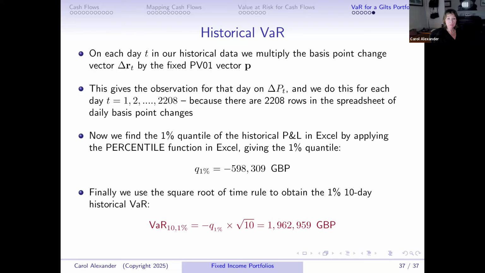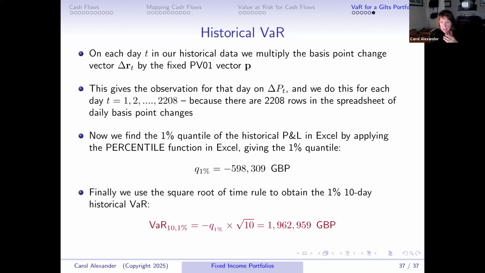So we do it for every day, t equals 1 to 2,208. And then we get a whole vector of daily changes in our cash flow portfolio with 2,208 entries. And so it's quite a lot.